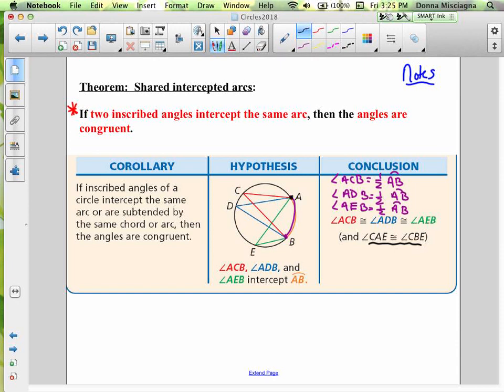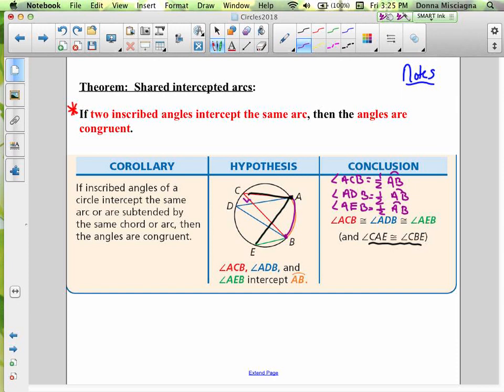If the vertex is at A, we have an angle right here. Make sure I use the right sides, because there are a couple of angles I can draw. So right here, we have another angle, angle CAE. And now if you look, here is angle CBE.